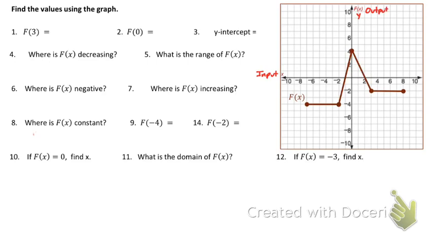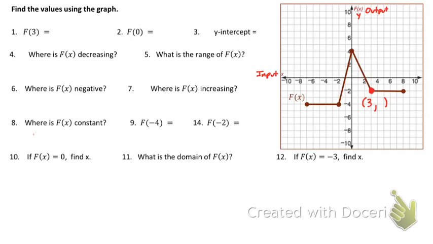Okay, so let me give you an idea of what I'm talking about. I want you to focus in on this point here. If I wrote down the point, and hopefully you remember from Im2 how to write down this point, we would say we're going from the origin, we're over 3. If you notice, over 3 is on my input axis, my x-axis. So I would put the number 3 here.